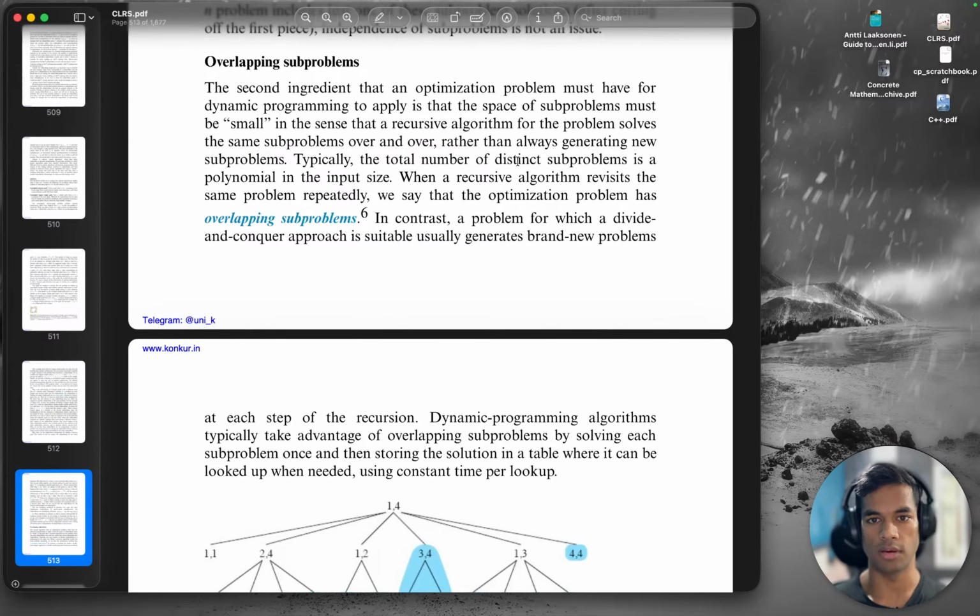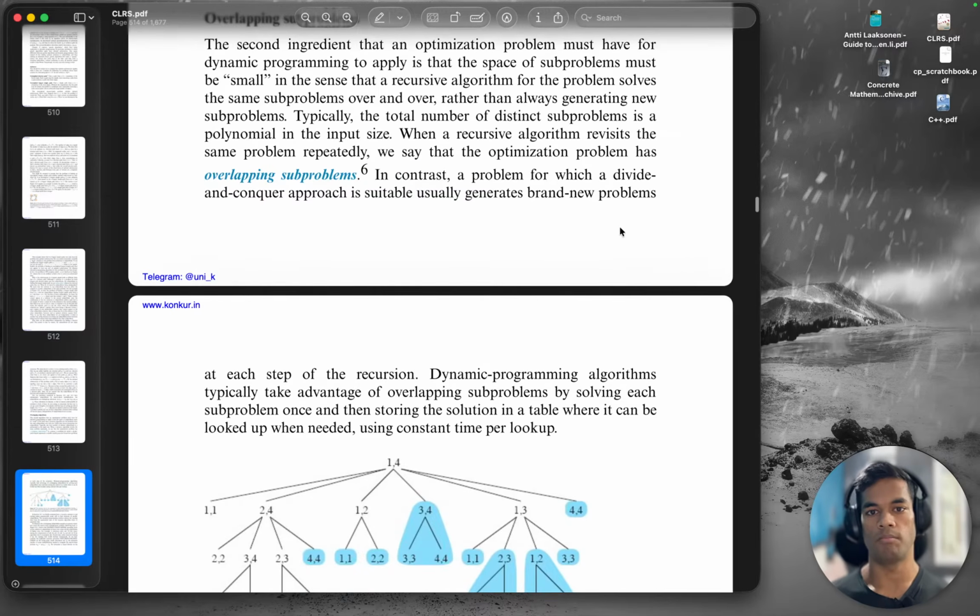When we are calling the same subproblem repeatedly, we say that the problem has overlapping subproblems.